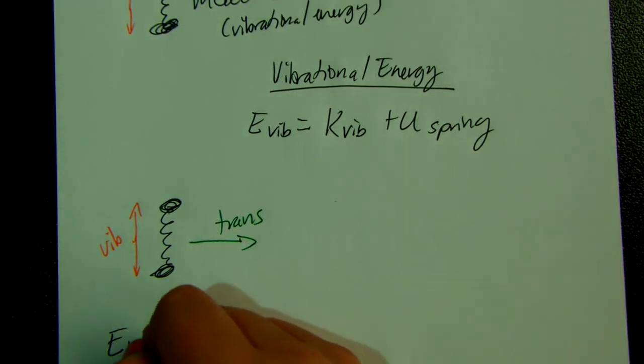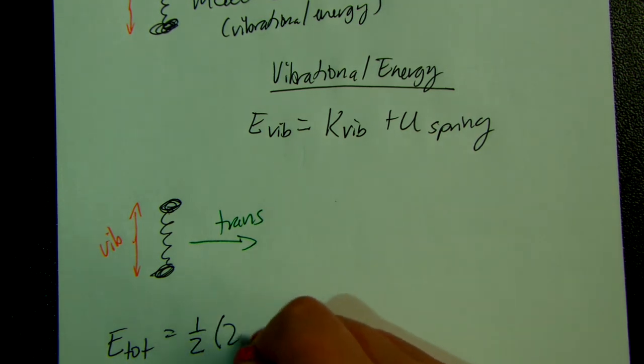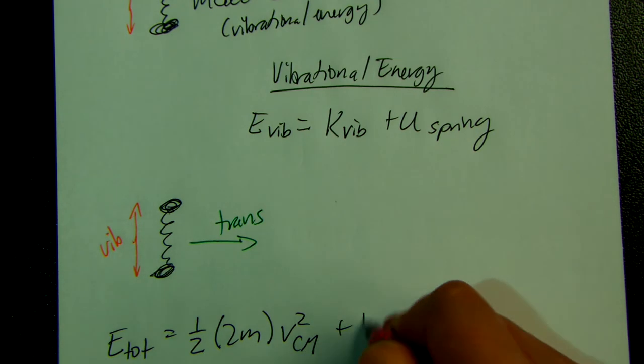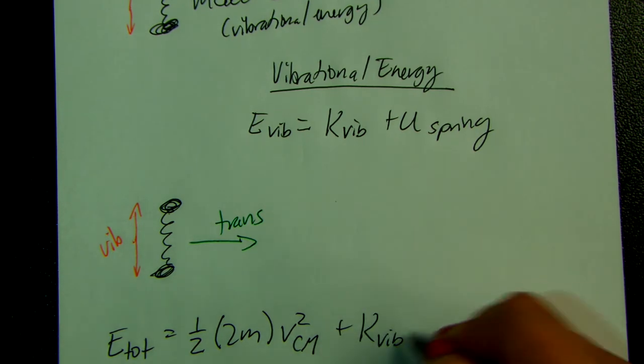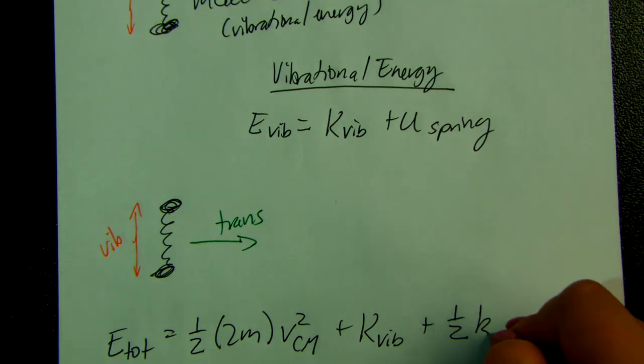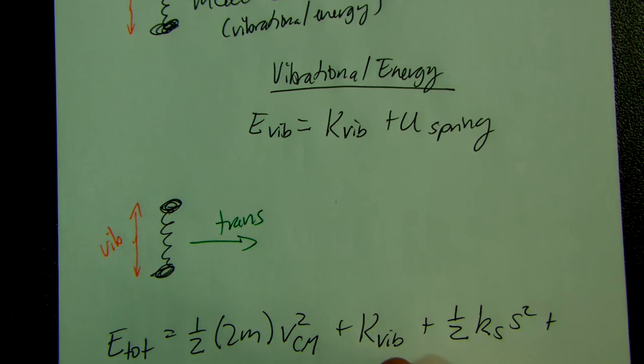So the E total is equal to 1/2 times 2m v squared cm plus K vibrational plus 1/2 k_s s squared plus 2mc squared.